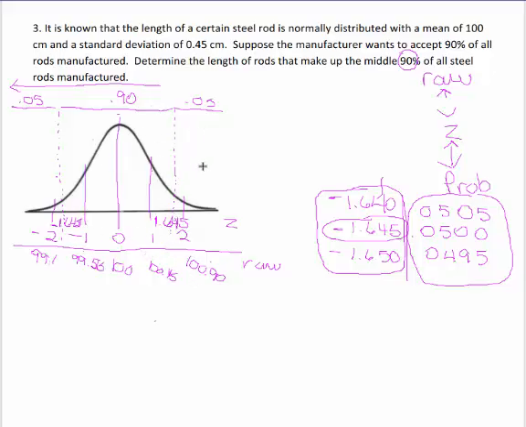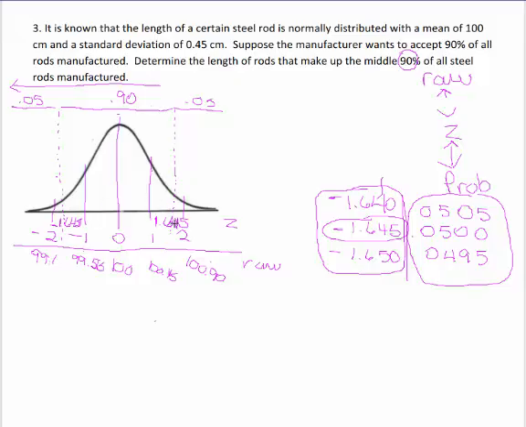And you really didn't have to find this one, because once you find that side and it's cutting off 5%, this whole thing is symmetrical. So if this one's negative 1.645, this one over here is going to be positive 1.645, because they are the same distance from the edge of your graph or your picture.